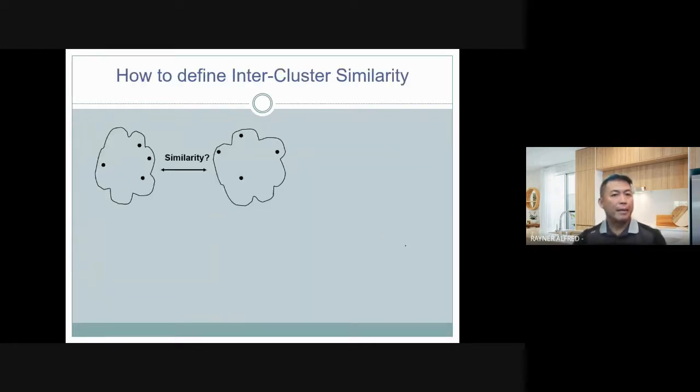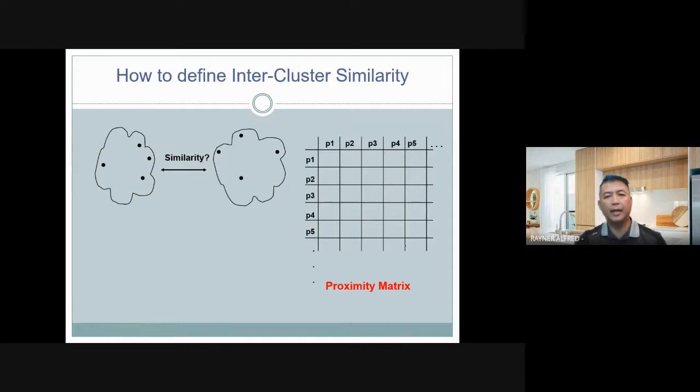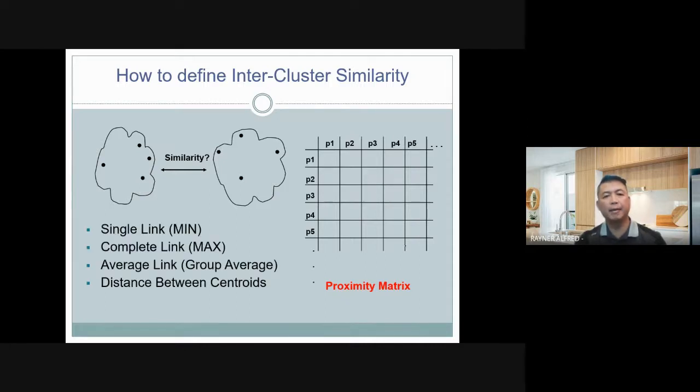Okay, so like I mentioned just now, we have 3 types of variant for the agglomerative clustering. So the difference between the similarity between two clusters can be defined by looking at the distance between the two documents in two different clusters.